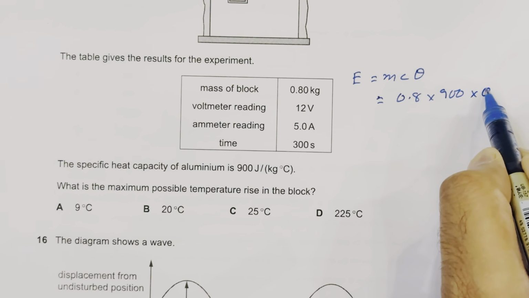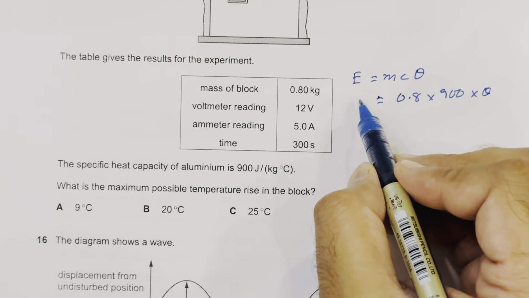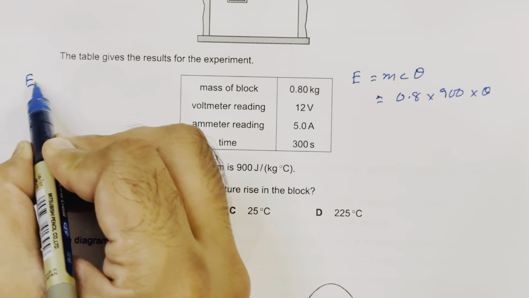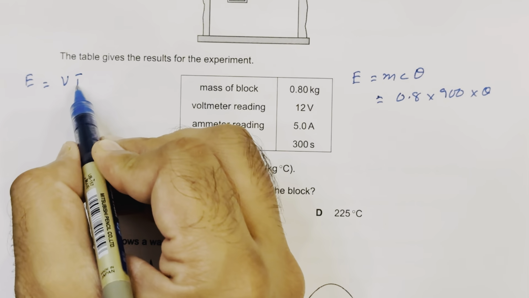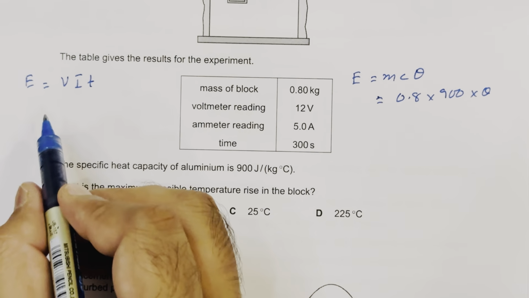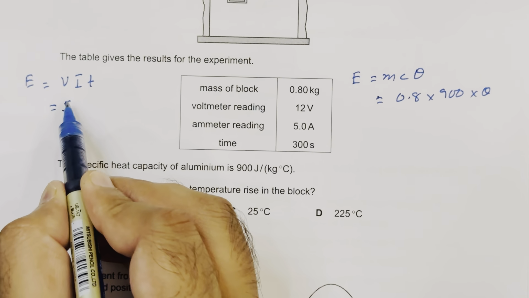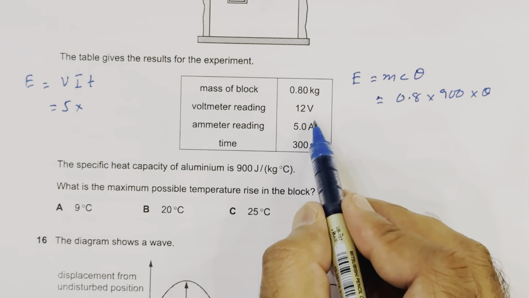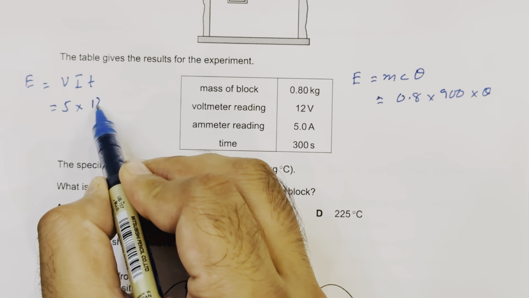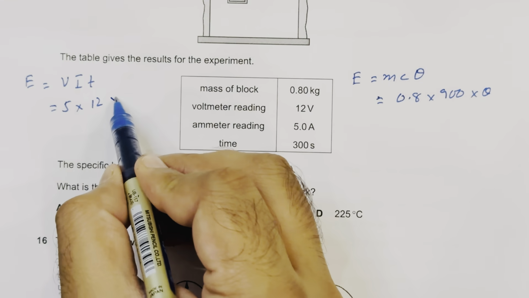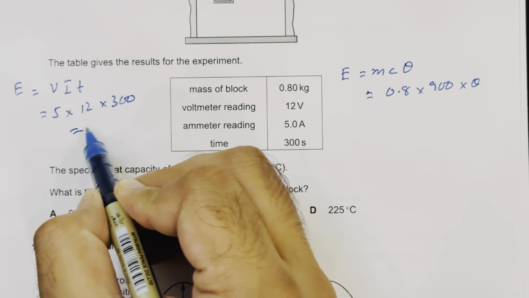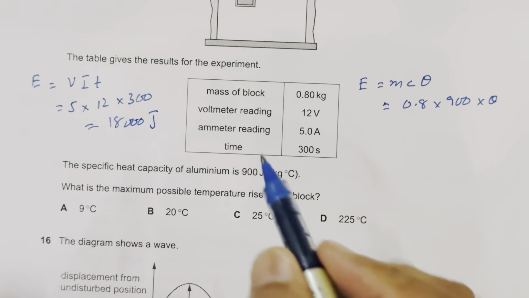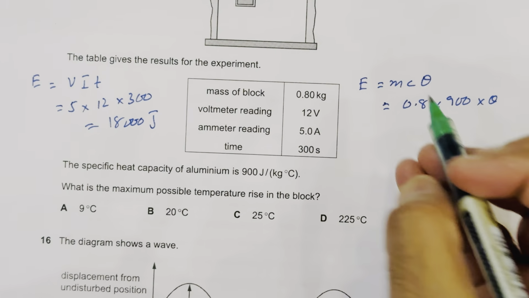We have to calculate theta, and we don't know E yet. We can calculate E by using the formula E equals V I t. The voltage is 12 and the current is 5, so 12 times 5, and the time is 300. After multiplying, we get 18,000 joules. So this is our value of energy.